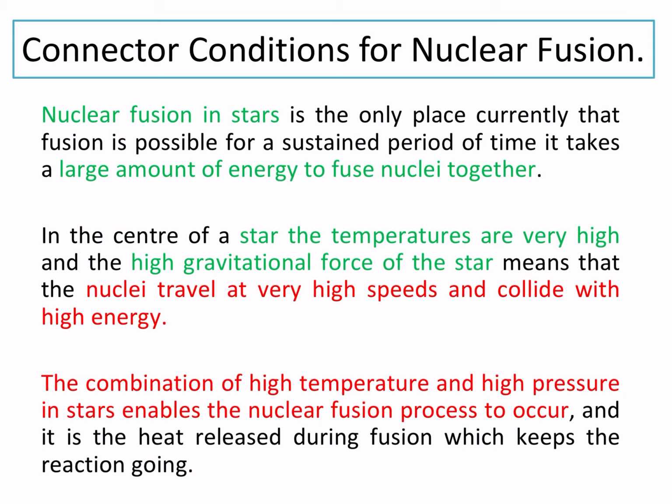Those two things coming together make those nuclei travel at stupidly high speeds and allow them to collide with massive amounts of energy. The combination of that high temperature, high pressure allows nuclear fusion to occur, and the heat released during that kind of explosion, during fusion, is what keeps the reaction going and going for kind of forever.